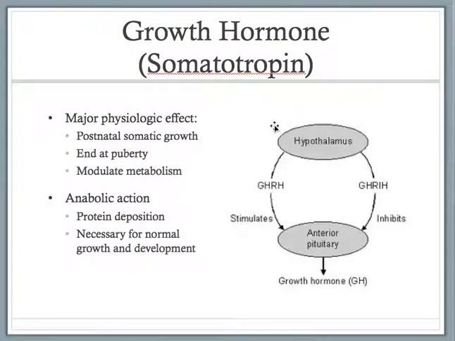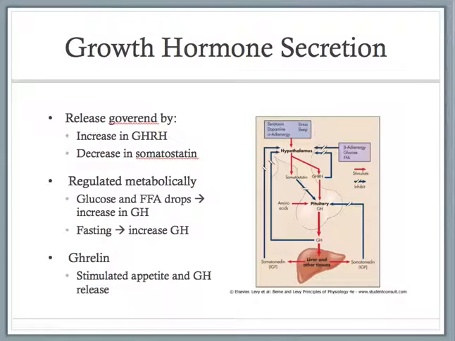If everything is working properly, the hypothalamus will make growth hormone release inhibiting hormone, which will bind to and antagonize or block receptor sites on the anterior pituitary cells and shut off production of growth hormone. Straightforward, right? Yes. Very good.